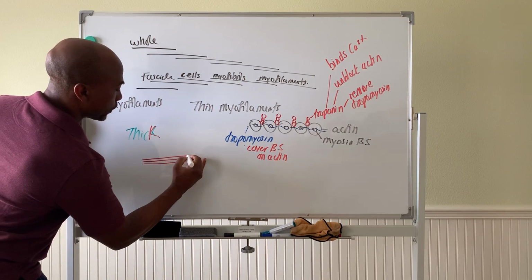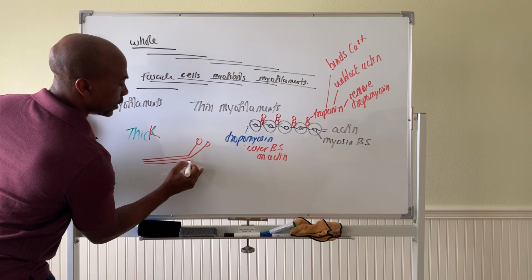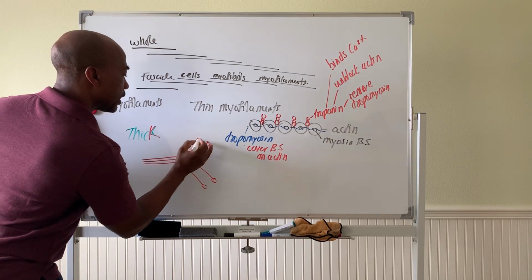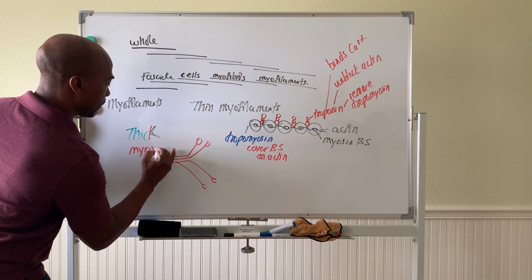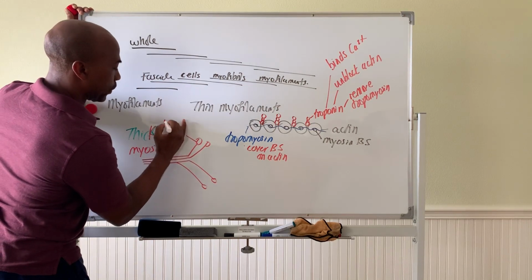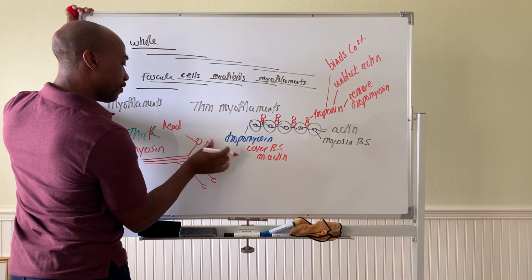And that singular protein is called myosin. It has these things on it, these heads, okay? So this is myosin there. And this is the head of myosin. And that head does a few things.